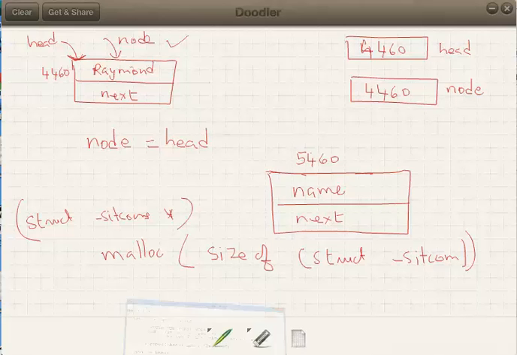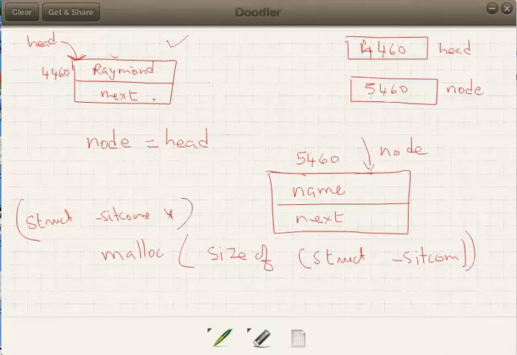That means the node is pointing to this guy now. So we have two pointers. One guy is pointing here. The node is pointing to here.